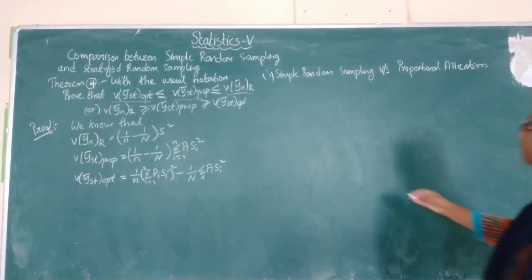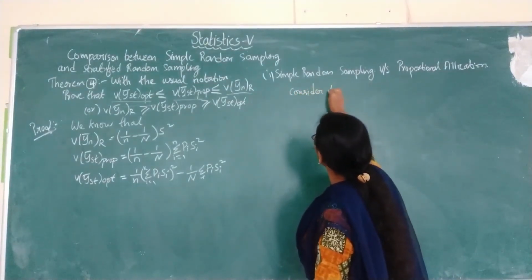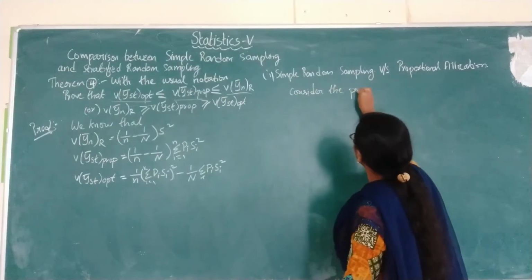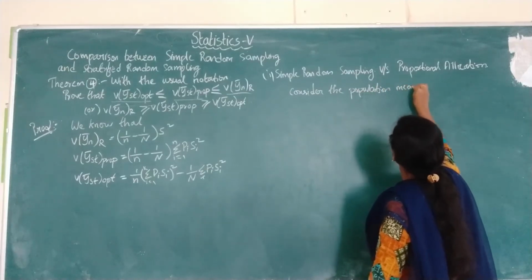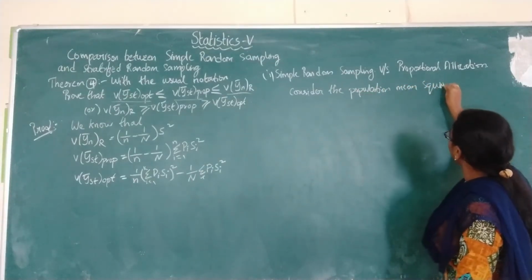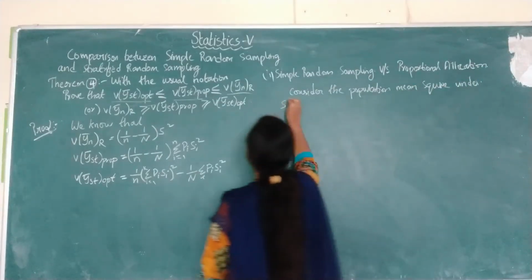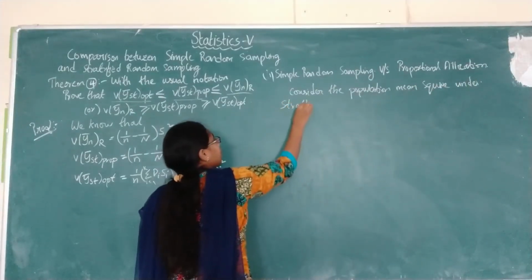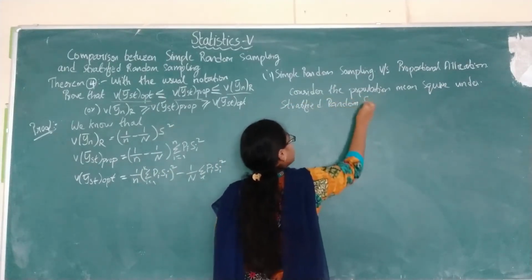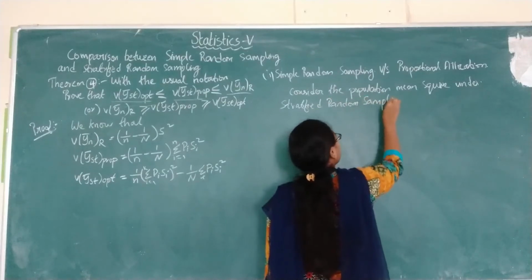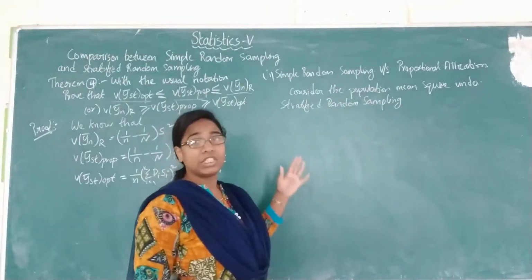Now we will consider here the population mean square under the stratified random sample. So population mean square means it is the capital S² value. We are considering the population mean square.